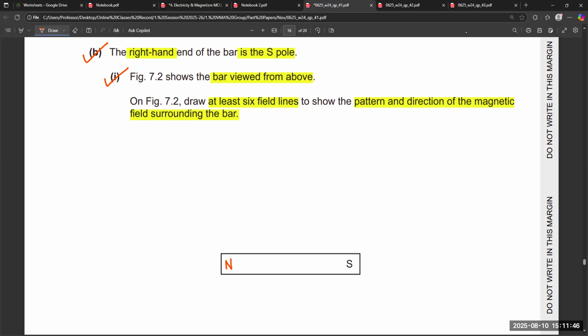So we know that magnetic field lines travel from north to south pole. So let's suppose one magnetic field line is moving outward. From south it is inward. Other one is also moving outward.